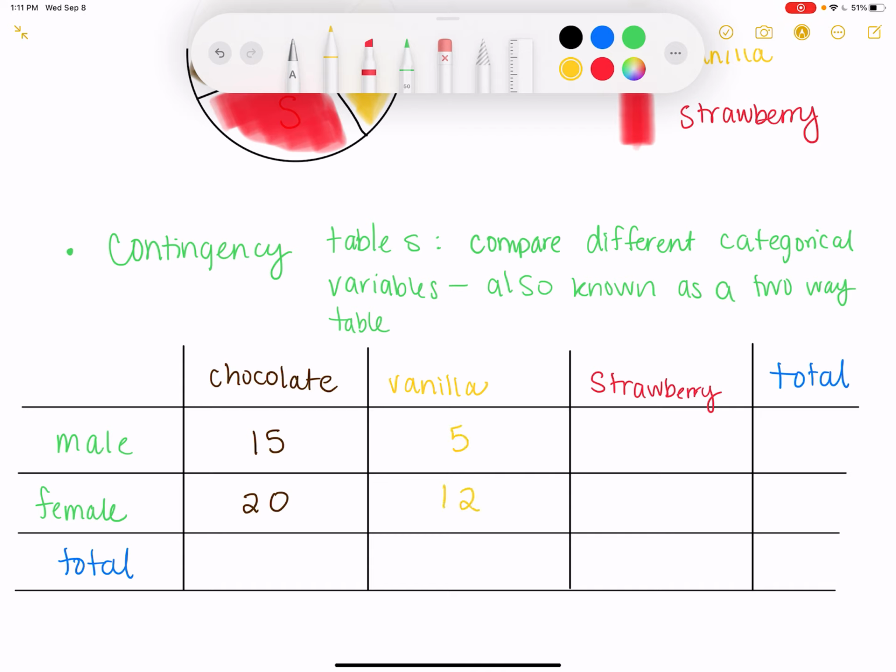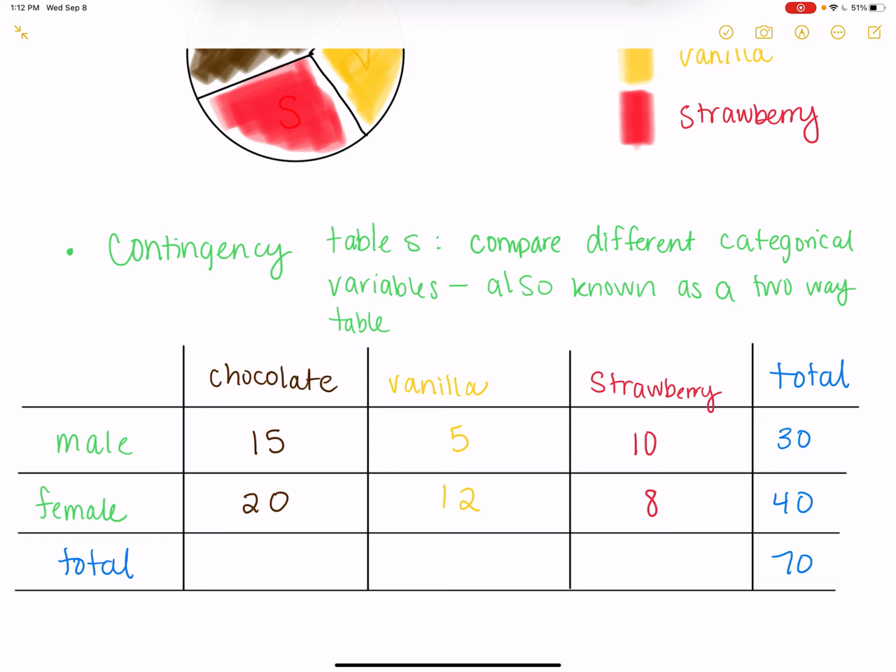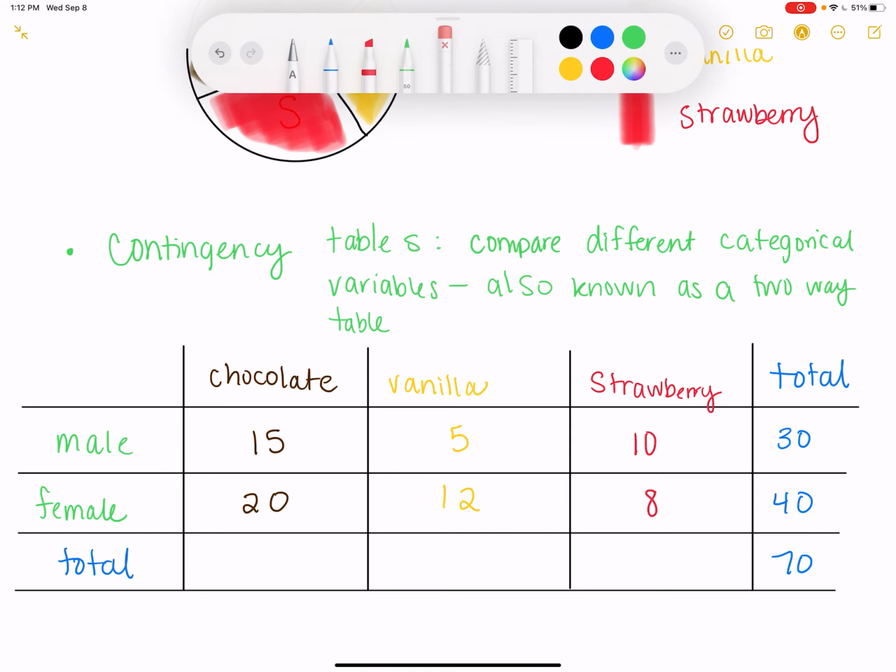Strawberry is 10 and 8. All right, so then the totals, I'm going to start over here on the right and work my way down and then backwards. Okay, so it's going to be 30, 40, 70. And I'm working my way backwards. 18.